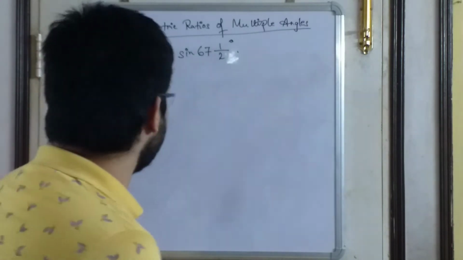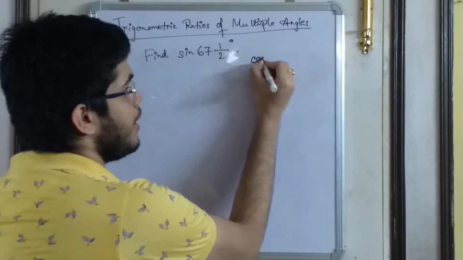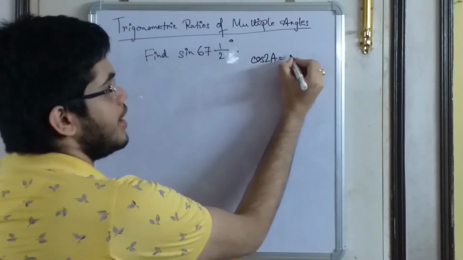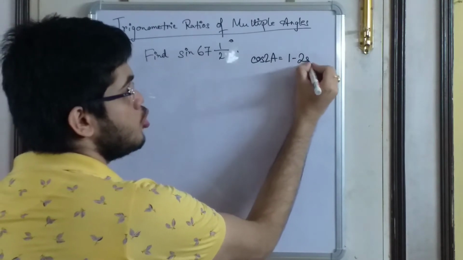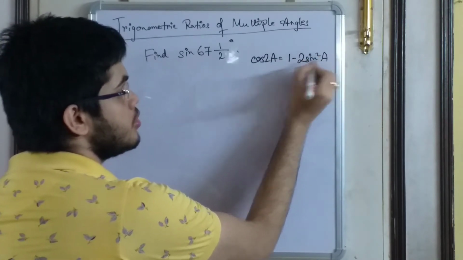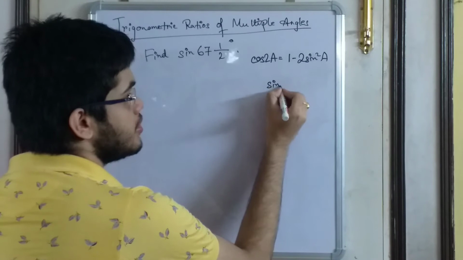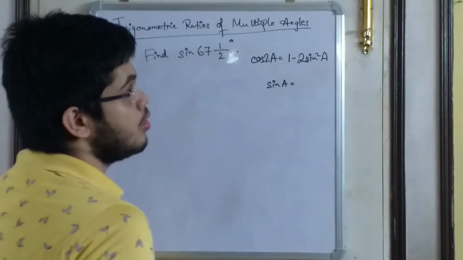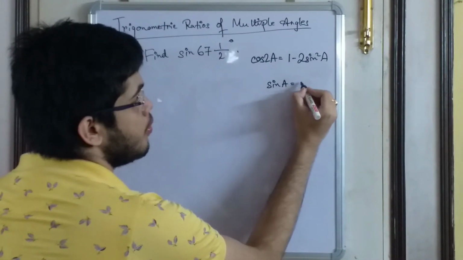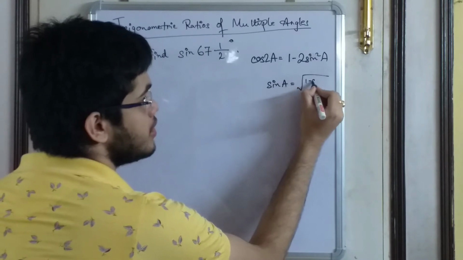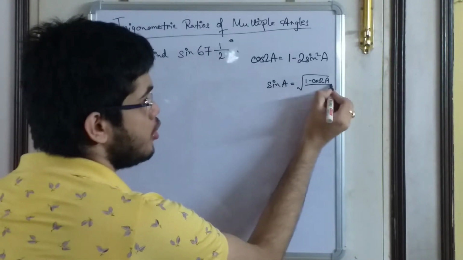Just remember that formula. Cos 2a is equal to 1 minus 2 sin square a. So from here we can write sin a is equal to root over 1 minus cos 2a by 2.